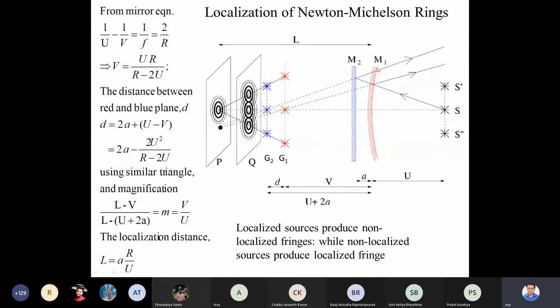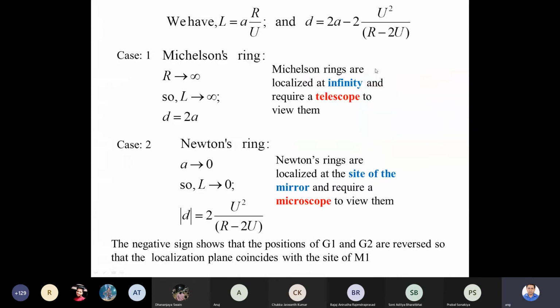For a plane mirror you have r as infinity, then L will be infinity, and if you substitute r as infinity, you have just D as 2a. So Michelson rings are localized at infinity, and it requires a telescope to view them. You have to use a telescope to see those Michelson rings.